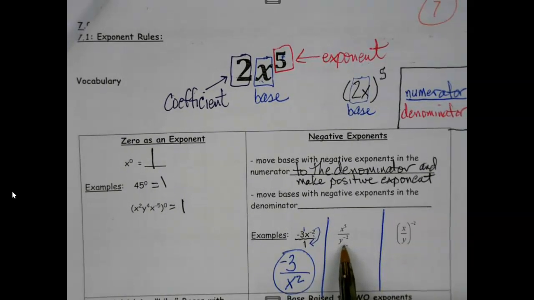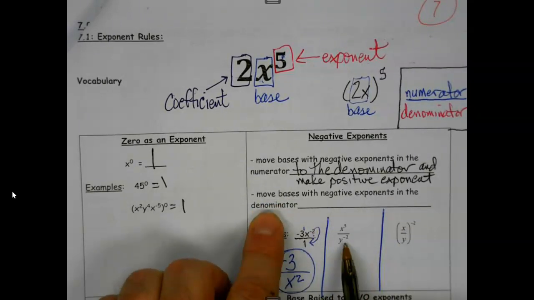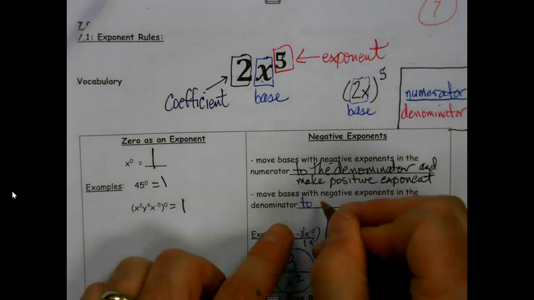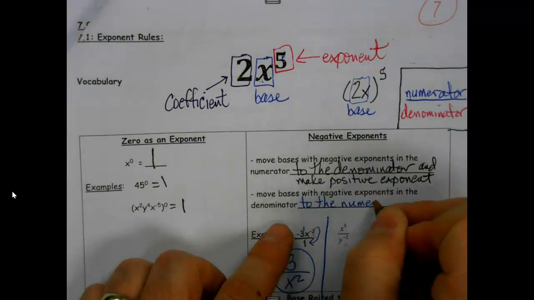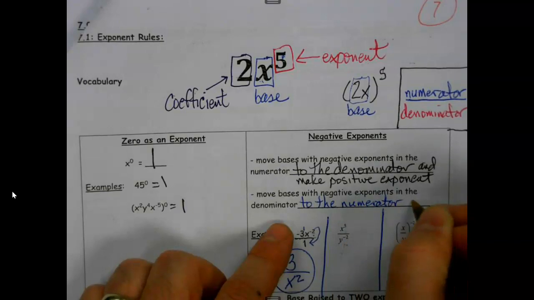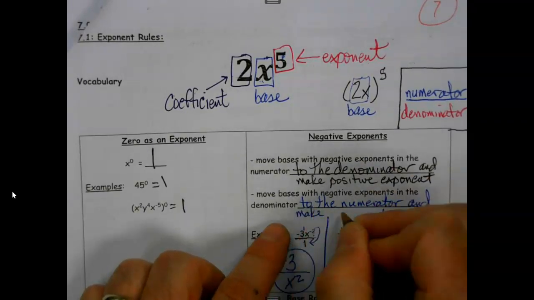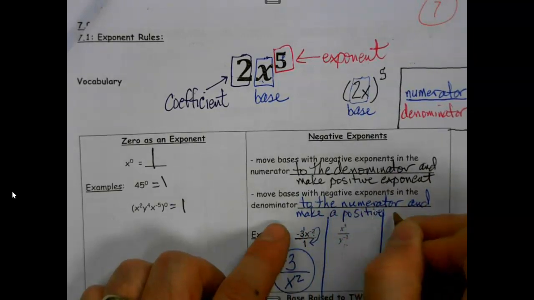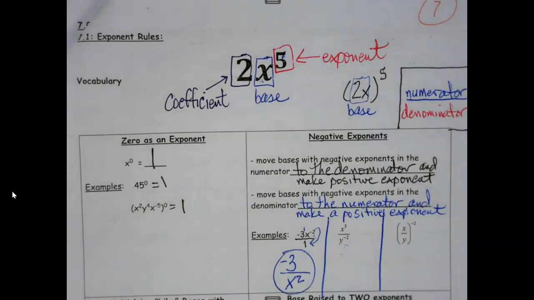It does. Move bases with negative exponents in the denominator to the numerator and make a positive exponent. So same rule.